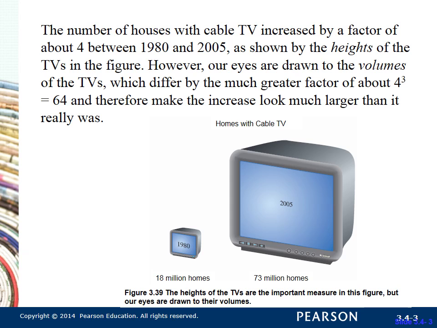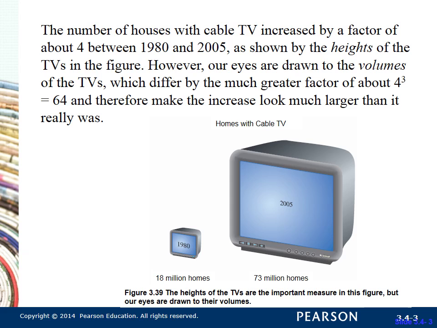All right, so now back to what it says. The number of houses with cable TV increased by a factor of about 4 between 1980 and 2005, as shown by the heights. I couldn't even figure this out when I first looked at this. I'm like, what's times 4? So it's the height that they're looking at. If you scooted it over and stacked them up, you'd get 4 of those 1980 TVs at the same height as the 2005.